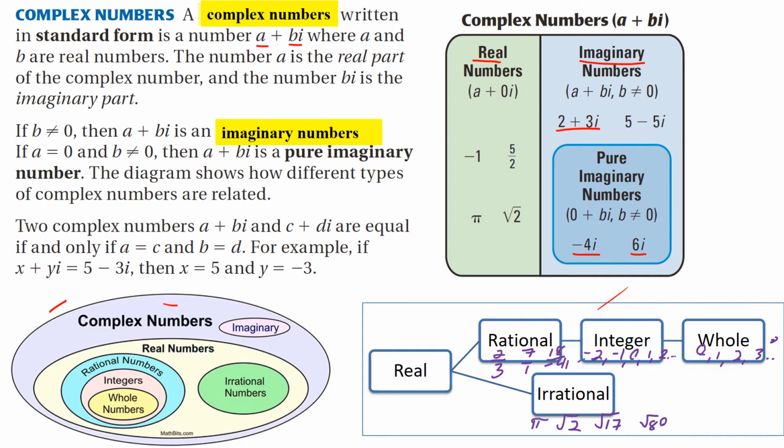Basically anything that you put in a calculator that doesn't terminate, the decimal goes on forever, and there is no repeating pattern. Okay, the key is no repeating pattern. Rational number, like 1/7, does have a decimal that continues infinitely, but there is a pattern. That's why it's rational.